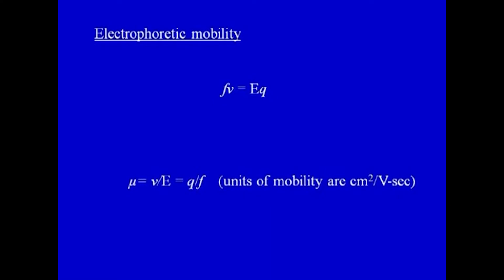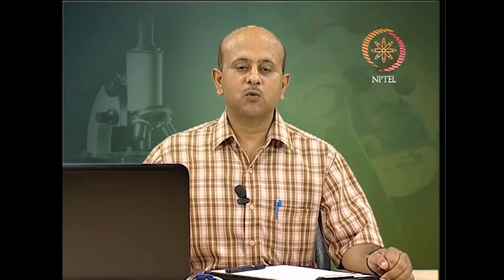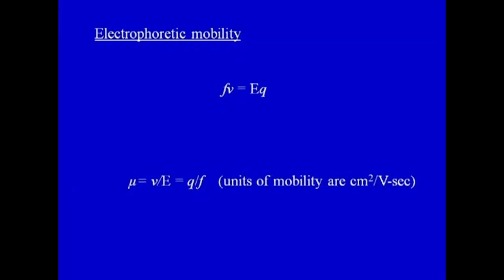Now, the electrophoretic mobility of a charged analyte or particle is the more commonly used term, and it is defined as the steady state velocity of the analyte per unit field. So, when the charged species has acquired a constant velocity, its electrophoretic mobility is defined by the velocity per unit field, or by the charge upon the frictional coefficient. That is the electrophoretic mobility.